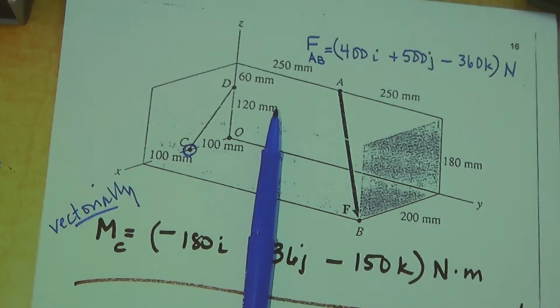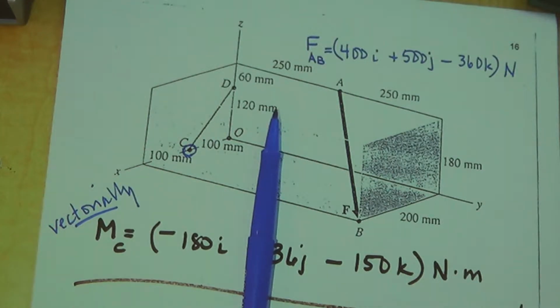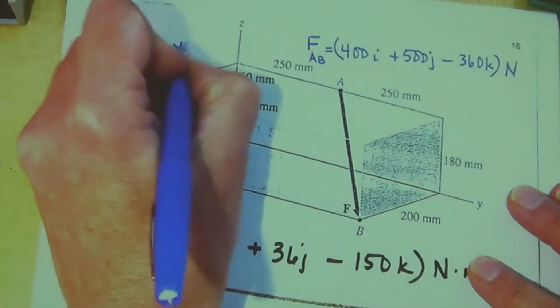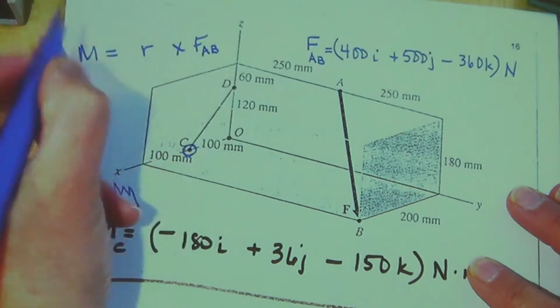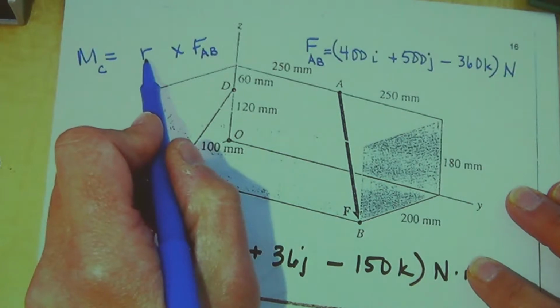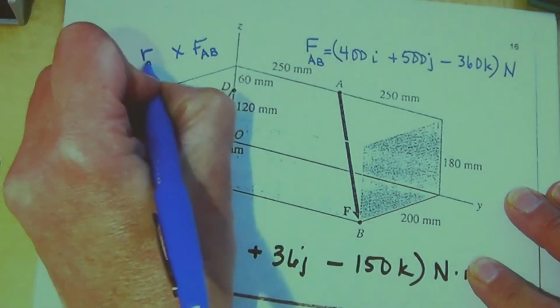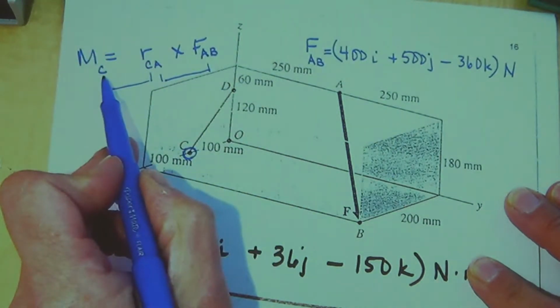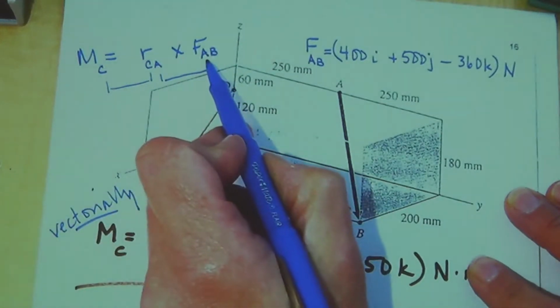In this example, we said the moment is equal to R cross F. F went from A to B, and the moment I needed to find was about C. So my R vector went from C to A, from the point I'm finding the moment about to the tail of the force.